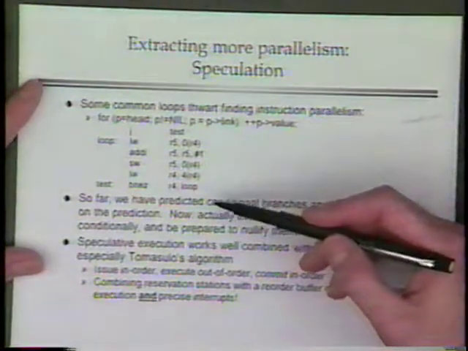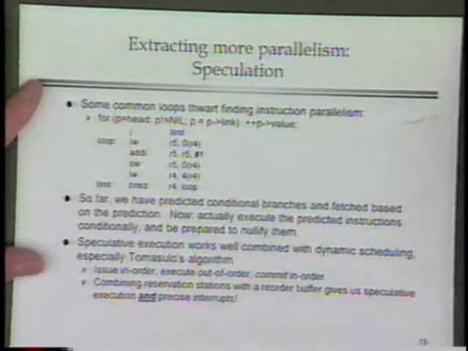So that's one way of getting rid of branches. What's another way of getting rid of branches? Well, we saw some of them before, like doing loop unrolling and register renaming and basically trying to get multiple instances of the loop executing in parallel. But sometimes that's very hard.